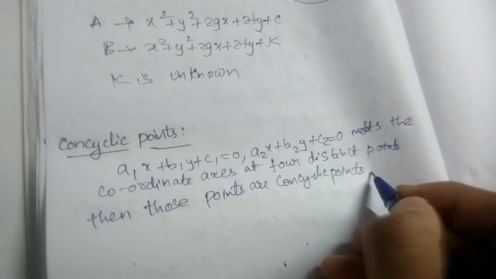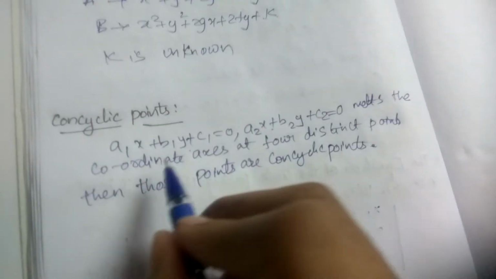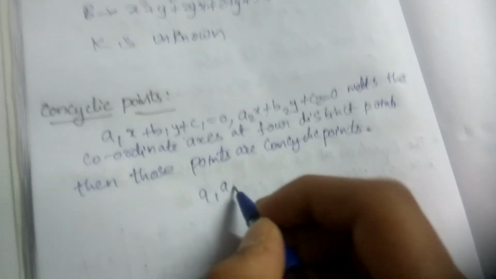If these lines form concyclic points, then a1 a2 equal to b1 b2.